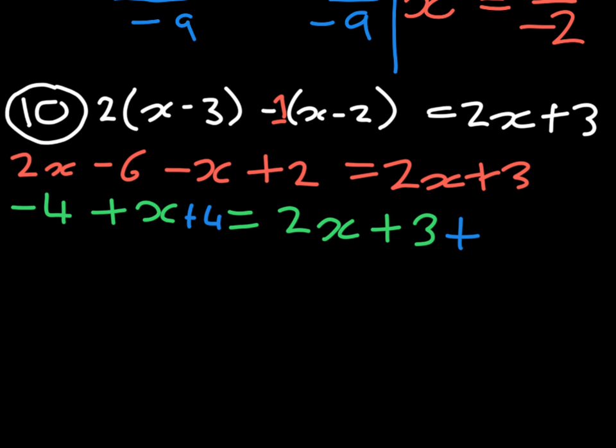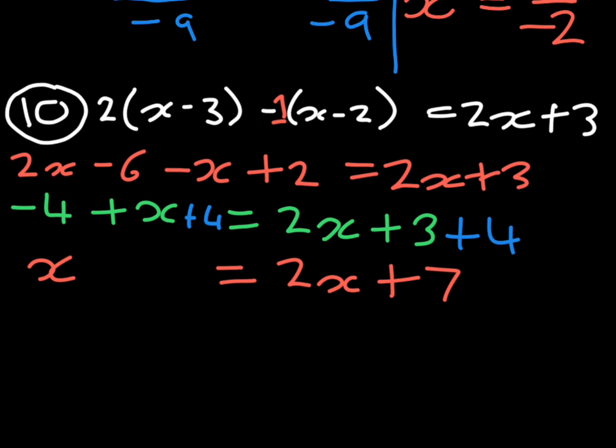So we have to add 4 here as well. So we are going to have x left on the left-hand side, and this will equal 2x. And remember, 3 plus 4, we can add up our constants, and this is plus 7.